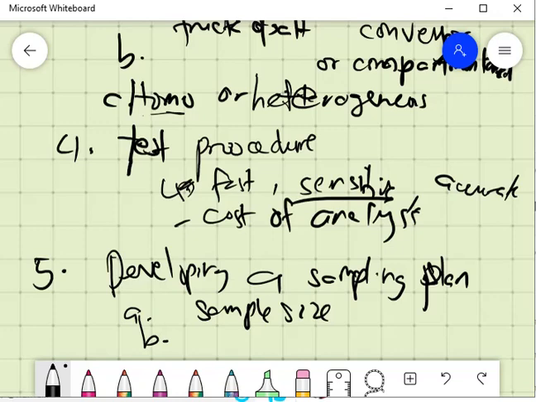So for example, if you are working in environmental work, you have to analyze the presence of a hazardous metal like chromium in a river, right? If you have to analyze a hazardous metal chromium in a river, then you have to consider the amount of sample, and also the sample location. So back to the sample size.